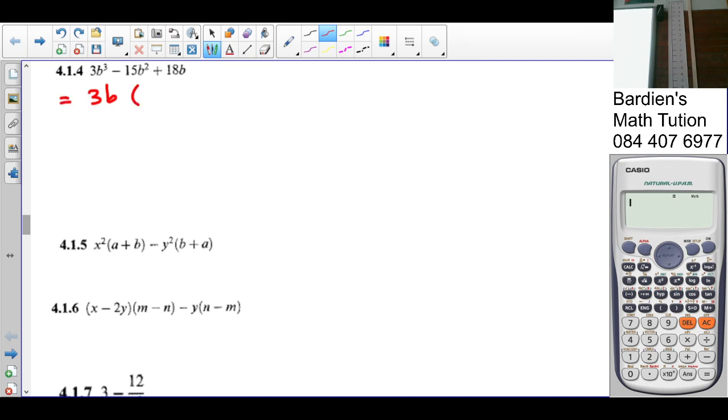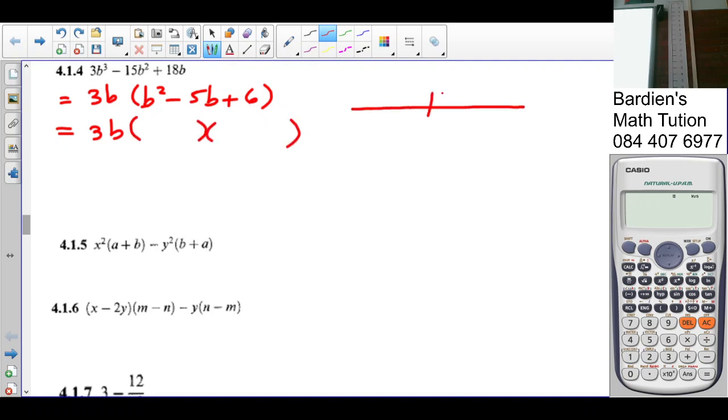Remember, common factor overrides all types of factorization. Okay? We take 3b out, what are we left with? B squared minus 5b plus 6. What do you notice? What's inside that bracket now? Trinomial. Again, trinomial factorization. You see how important trinomial factorization is? Right, so what goes here?